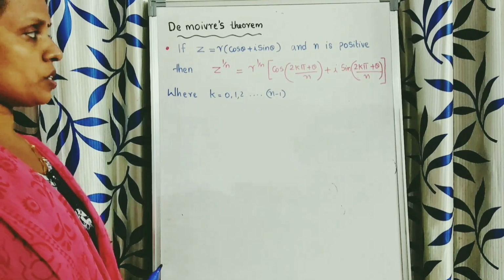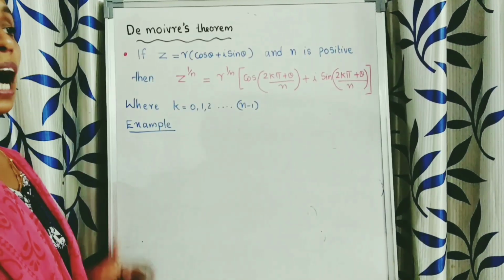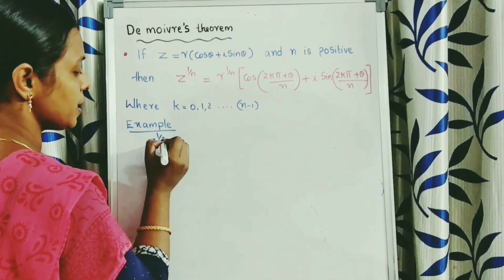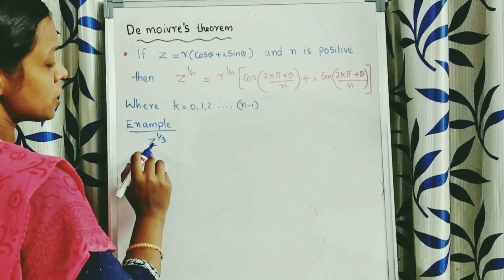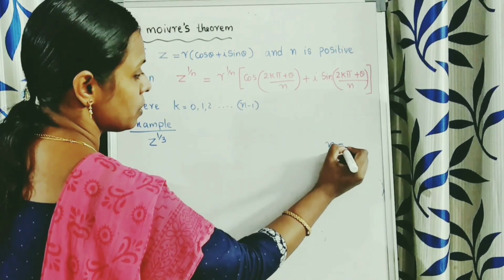Consider the second equation, that is z raised to 1 by n. For example, how can we represent z raised to 1 by 3? Here it is of the form z raised to 1 by n, that is, here n is equal to 3.